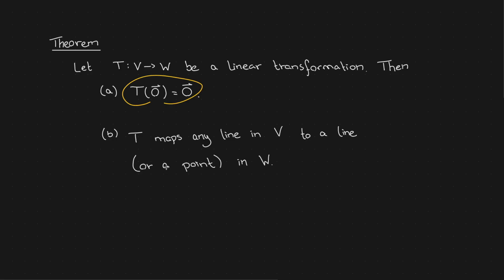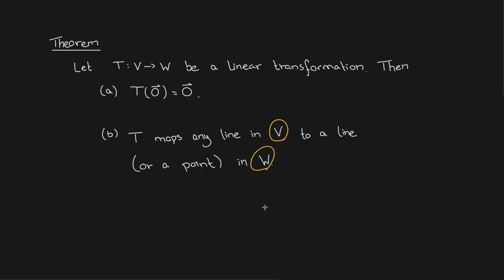First, the transformation of the zero vector in V is equal to the zero vector in the codomain W. Okay. And second, T maps any line in the domain V to generally a line in W. There are a few special cases where it could map to a single point in W. But the most common situation is that T will map a line in V to a line in W. So that kind of makes sense.